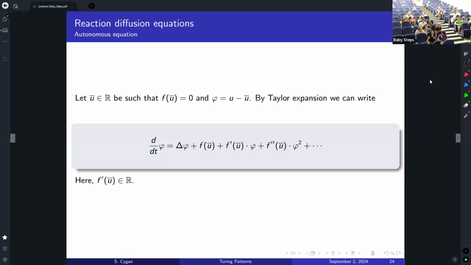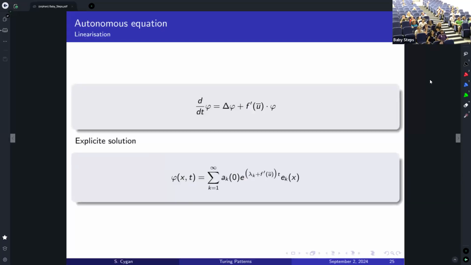And now see what happens. I'd like again to linearize my equation around this constant steady state, and I apply the following equation for the linearization. And now I would like to study what I can say about the stability of the constant steady state.